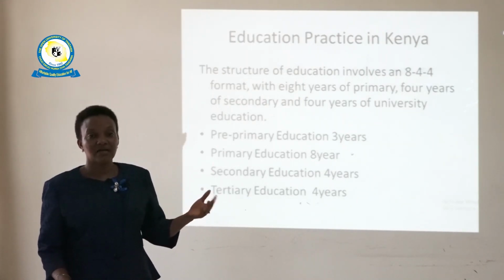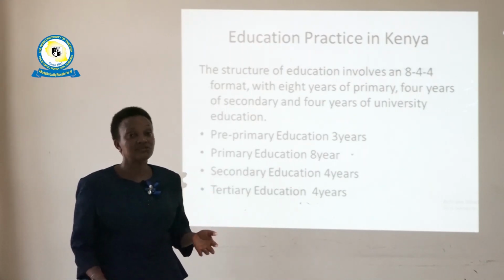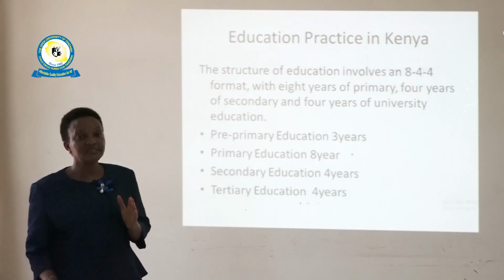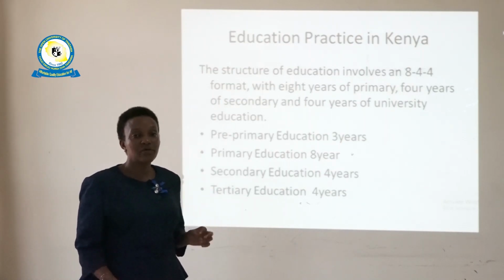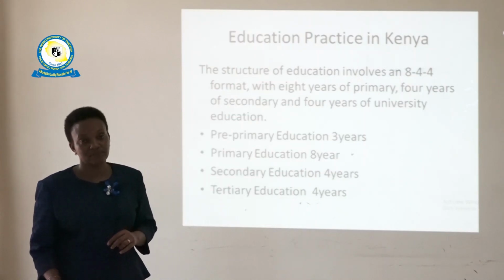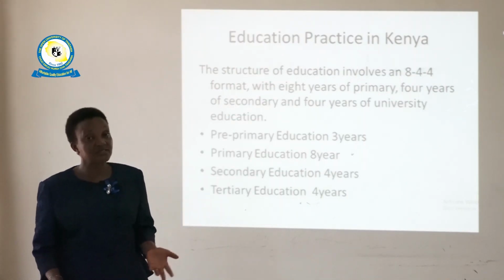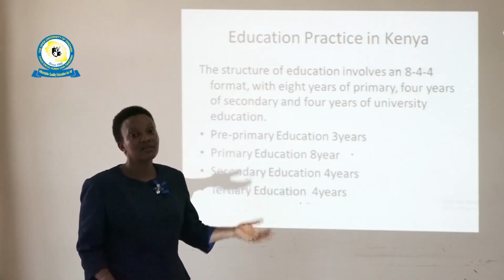Tanzania. In Kenya, the structure of education involves an 8-4-4 format, with 8 years of primary school, 4 years of secondary, and 4 years of university education. There is pre-primary school of 3 years, when a child is about 3 years old.